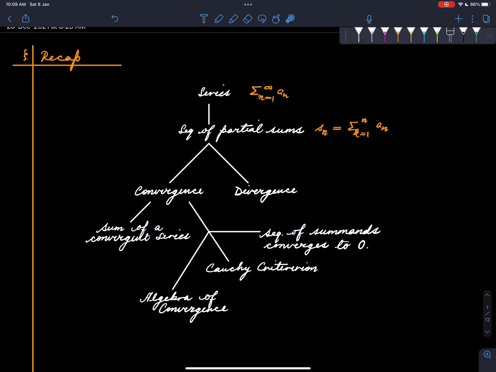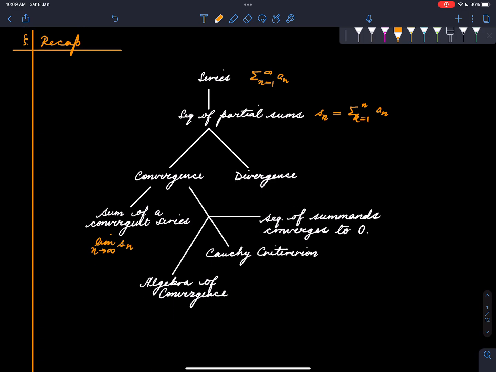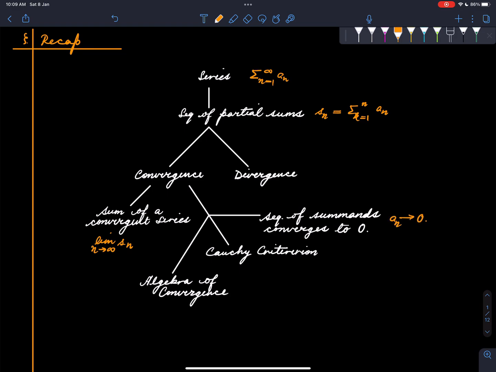If the series is convergent, then we call the limit of the sequence of partial sums the sum of the series. And we saw a criterion that if you have a convergent series, then the sequence of summands, the a_n's, had better converge to 0.